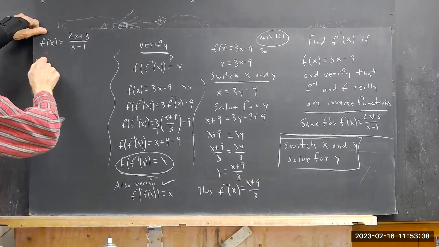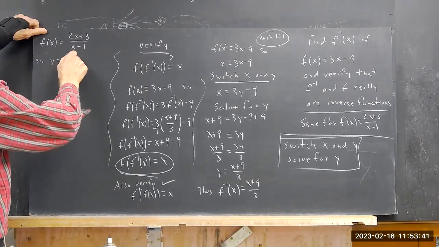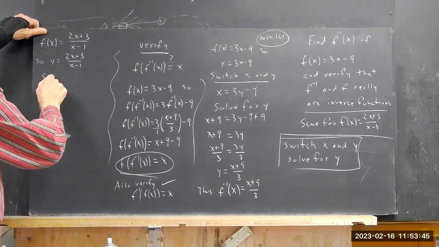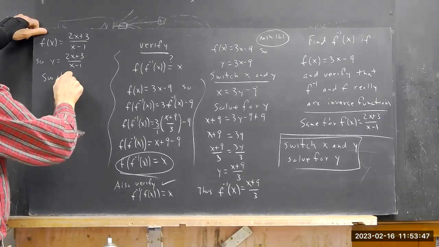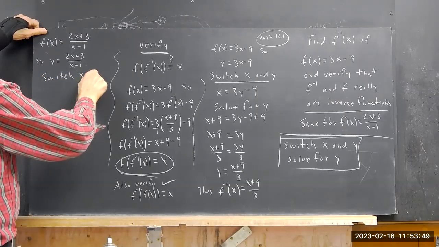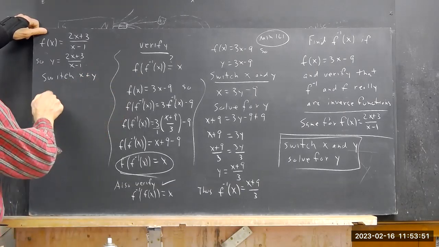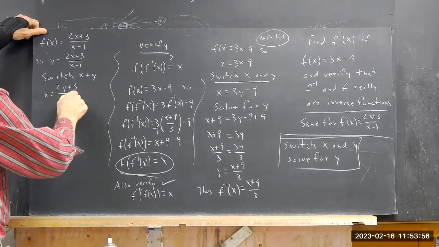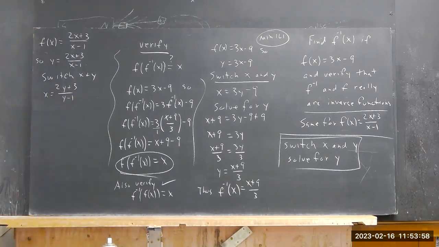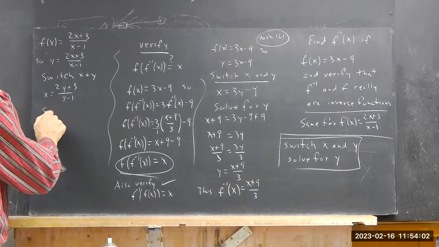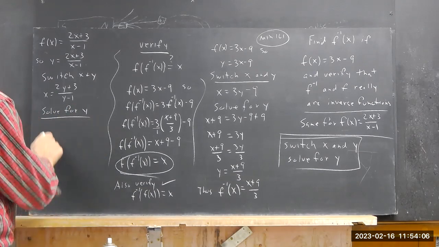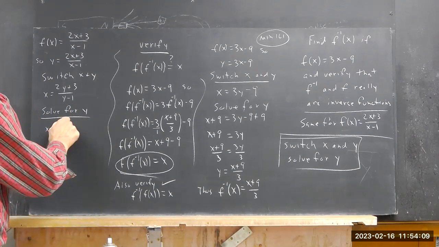So you switch x and y and you get x equals 2y plus 3 equals y minus 1. Now you solve for y. Well, let's write it out again.